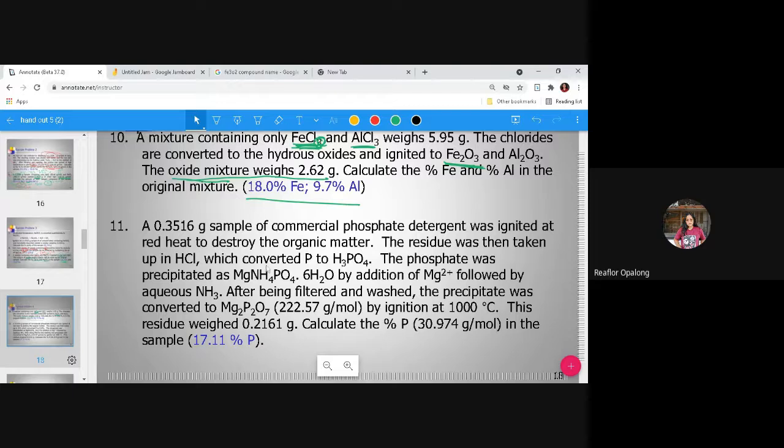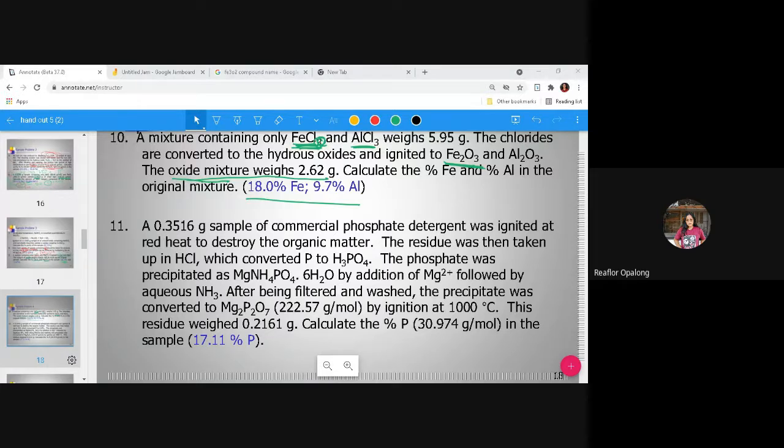A 0.3516 g sample of commercial phosphate detergent was ignited at red heat to destroy the organic matter. The residue was then taken up in HCl, which converted it to H3PO4.